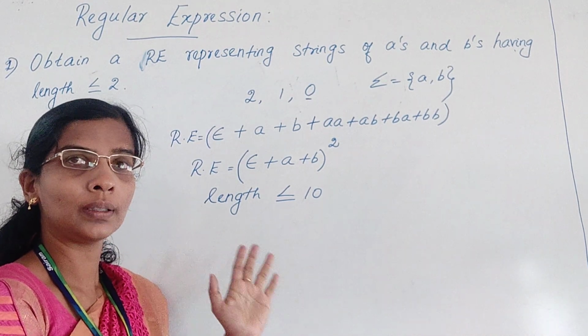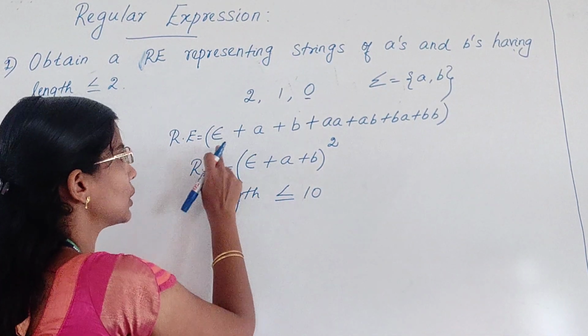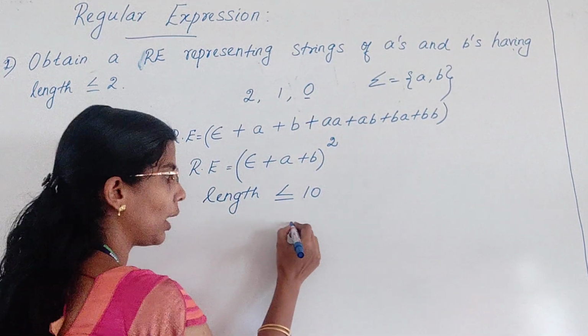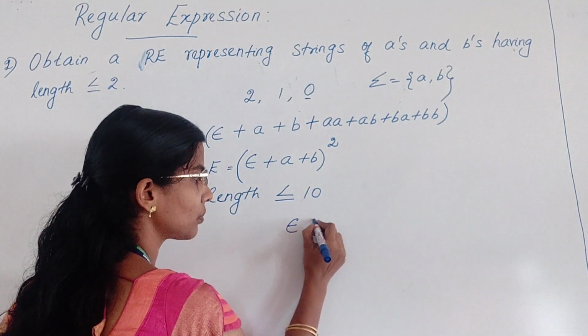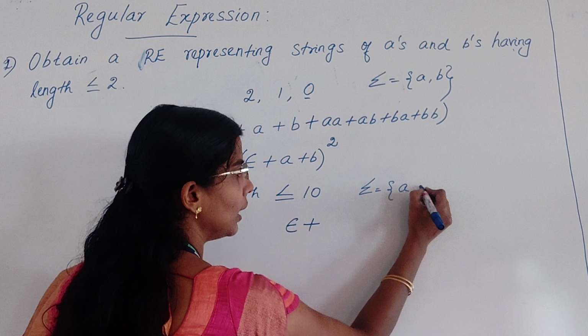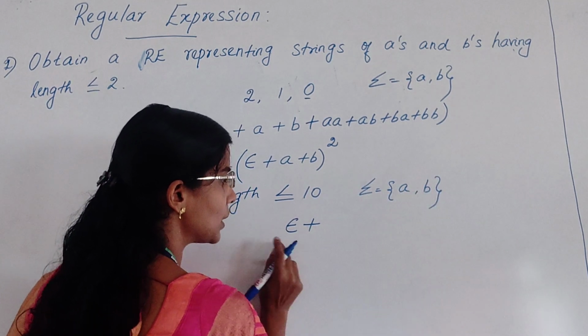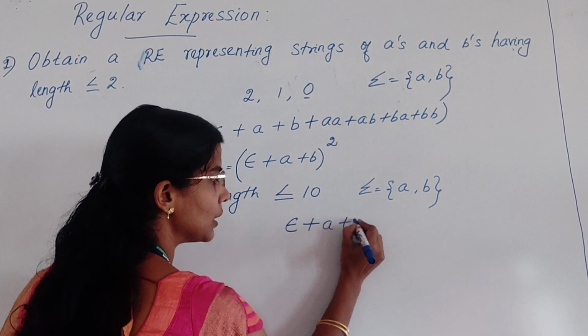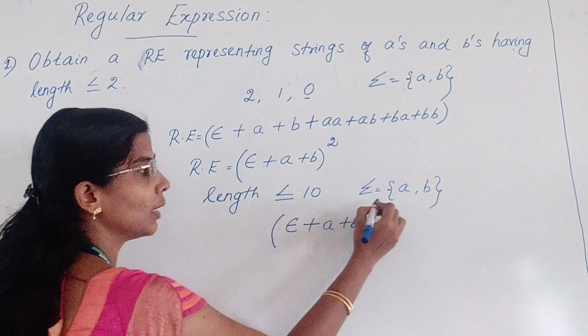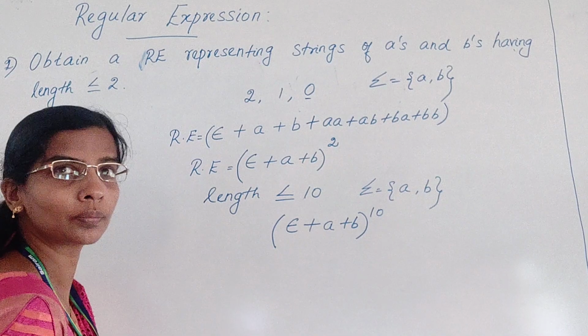How will I represent this null string? Using epsilon. So you have to write epsilon plus A plus B, since your sigma is A and B. I should repeat this 10 times.